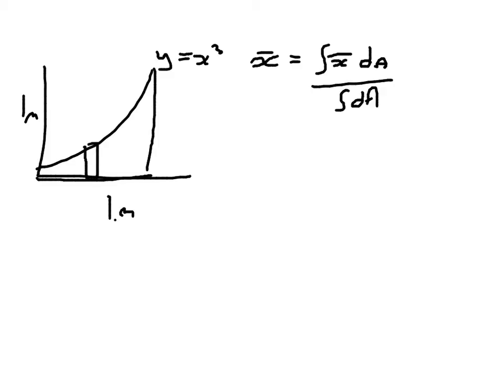Each of those strips has a width dx and a height y. The centre of that strip will have an x coordinate and a y coordinate, x tilde and y tilde.